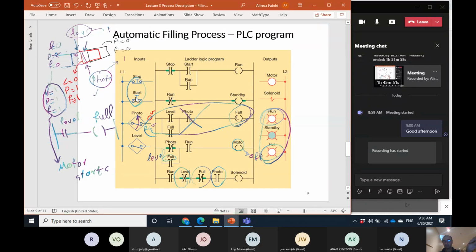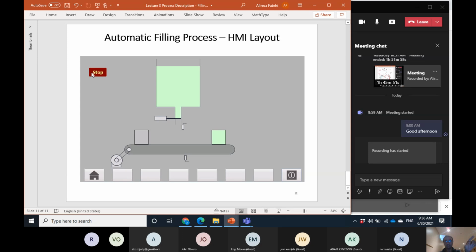You can start and stop that using the HMI. Just put some button here and then push that. Okay, so somebody goes, just pushes that. And here again, we don't need to use an input variable for that. We can use a memory bit for that.